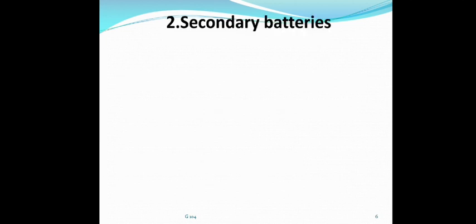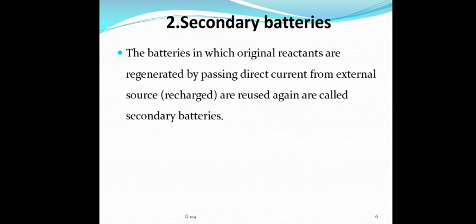Secondary batteries. The batteries in which original reactants are regenerated by passing direct current from an external source and reused again are called secondary batteries. That is, even the secondary batteries, when you use them over a period of time, get discharged.